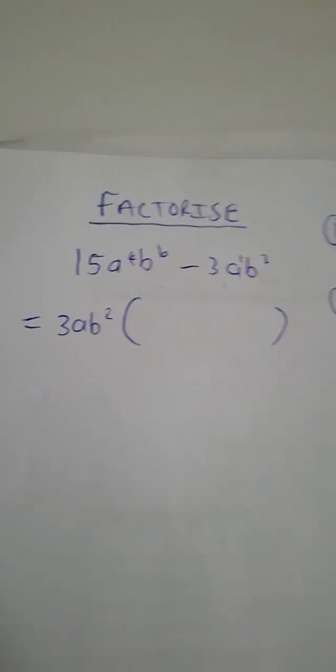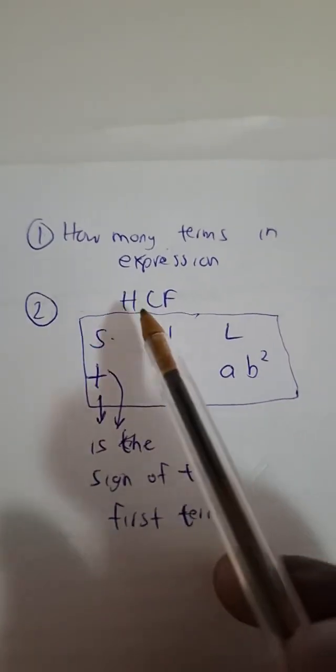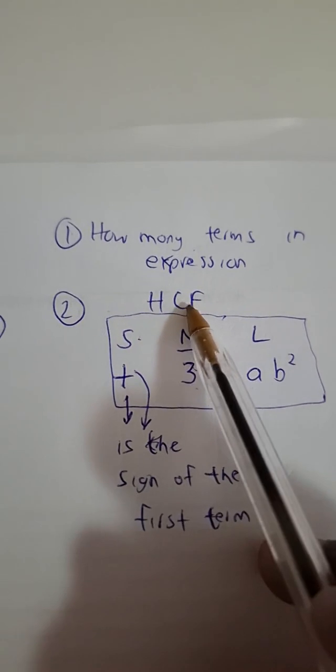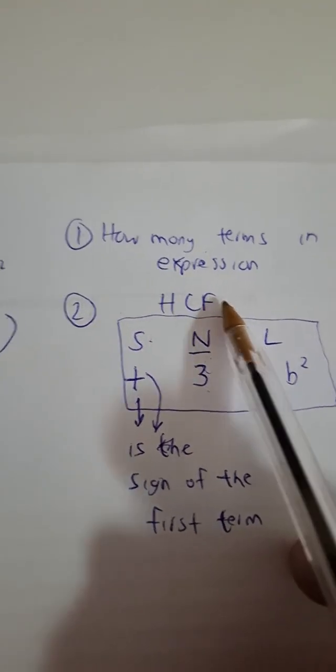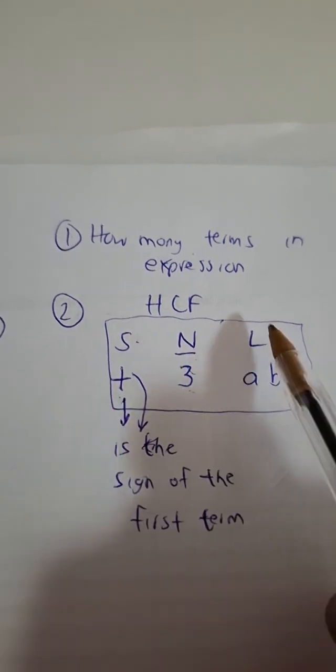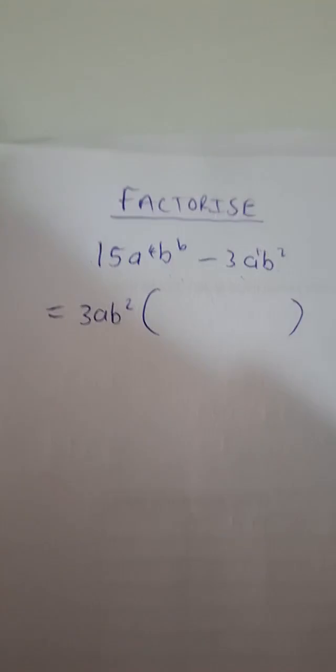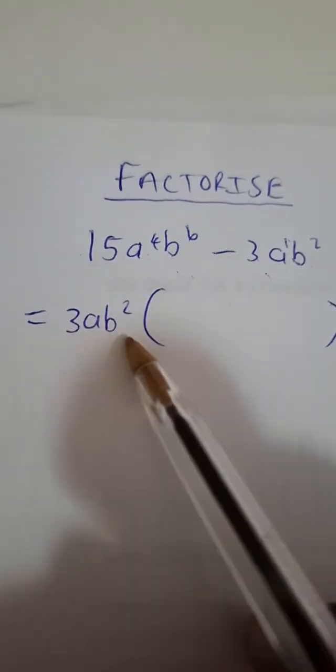Okay? So I hope that makes sense. That's why we say highest common factor sign. That's why I say, guys, when you are factorizing using highest common factor, think of S and L: highest common factor sign, number, and letter, and you won't go wrong. If you do that, the highest common factor will be identified.